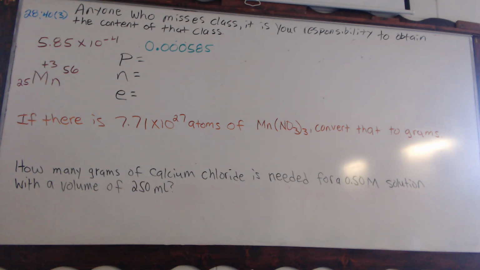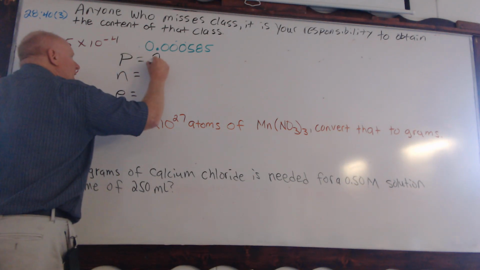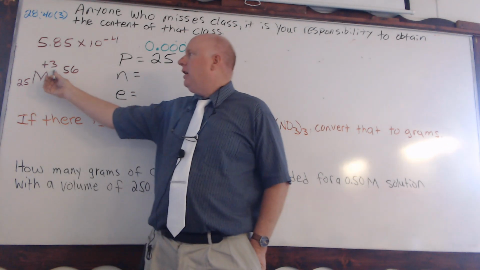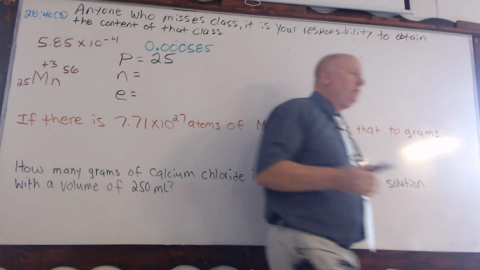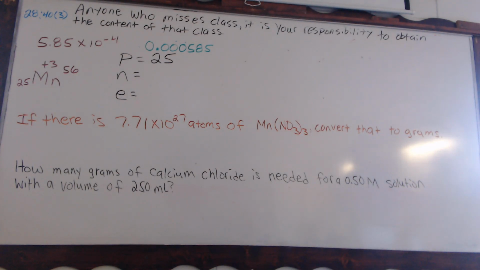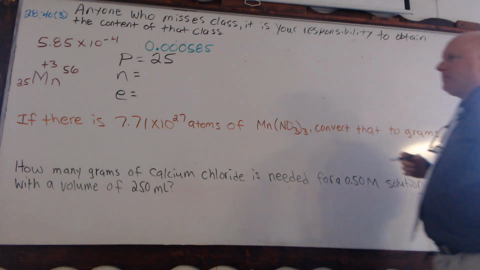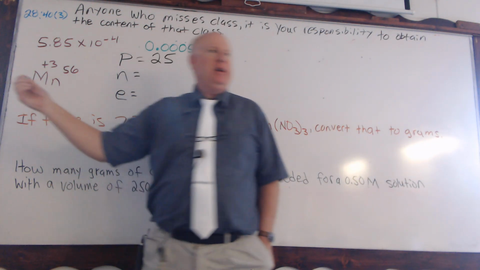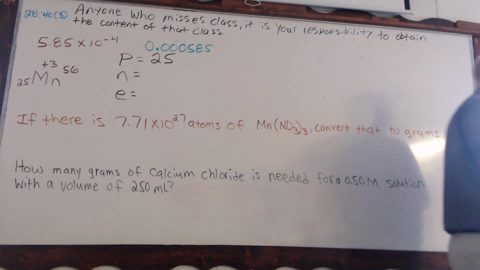And the majority of the time, it'll tell you the number of electrons, but this is a little different because this has a +3 charge to it. Okay, so what that means then, it's got 3 more of one of these subatomic particles as opposed to another. It's got 3 more protons than it does electrons. Okay, so that must mean if we have 25 positive charges, how many negative charges would we have to add up to +3?